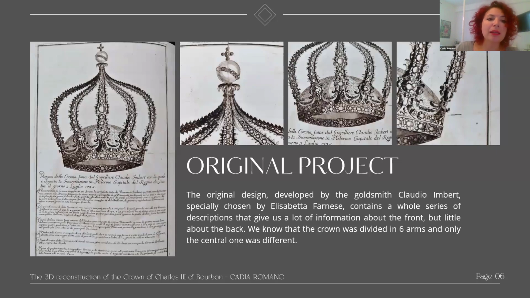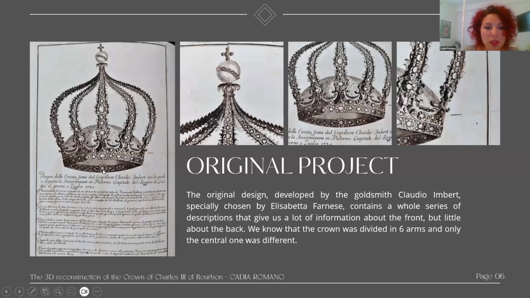But if we analyze and observe this project, we can see that the perspective and the proportion are not completely right, because the crown has a little rotation. In this case, we can see the first line of the diamond and the top of the diamond, but at the same time we can also see the back of the crown, and the same we can see the top.